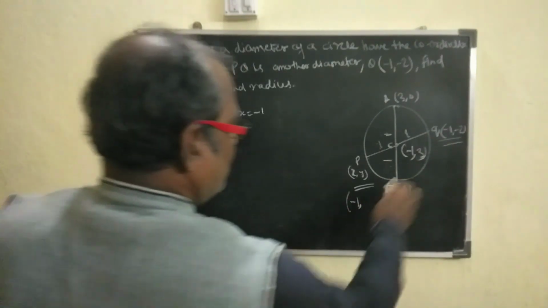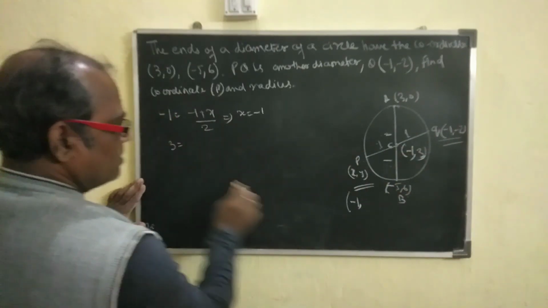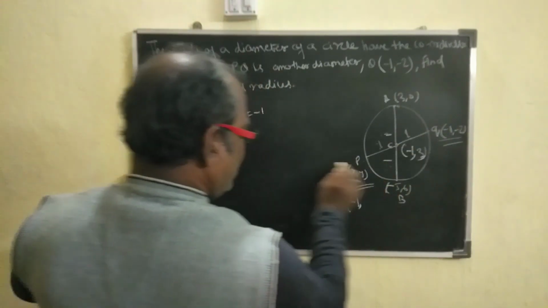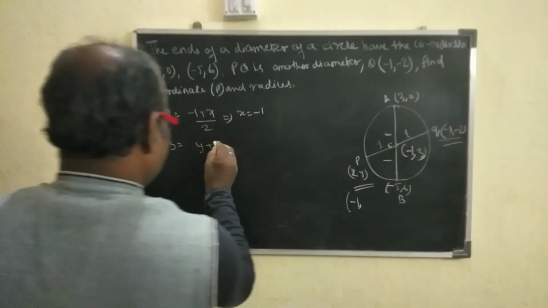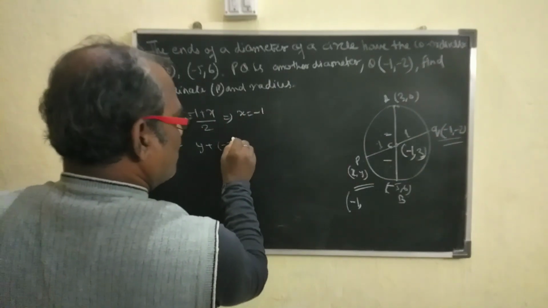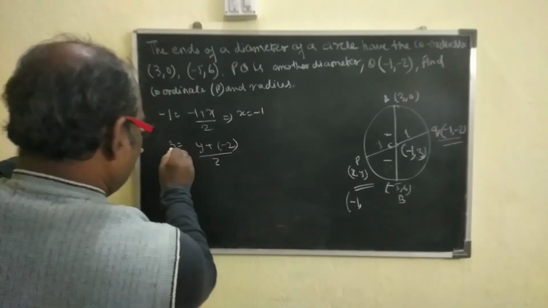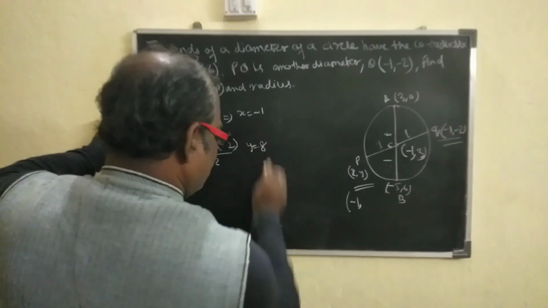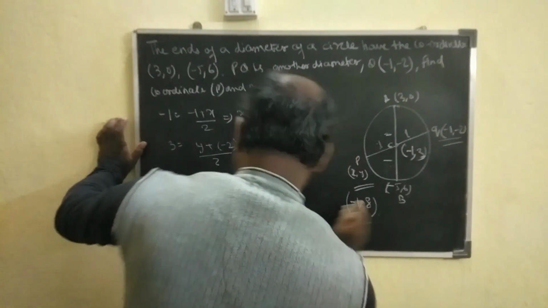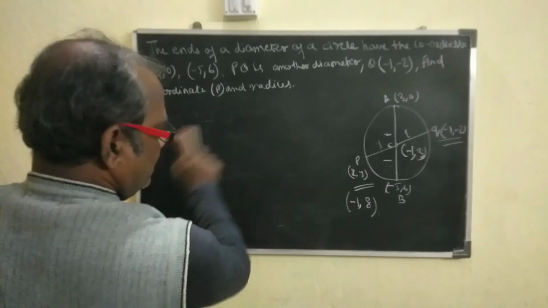Next, 3 equals to 1 into y is y plus 1 into minus 2 is minus 2, by 2. 3 2s are 6, 6 plus 2 is 8. So y equals to 8. We can write here y equals to 8. So we have the point P, minus 1 and 8.